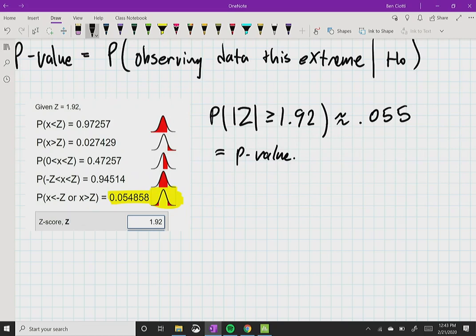And in each one of those groups, I counted up the number of October babies. In 5.5% of those groups, the proportion of October babies would be 1.92 standard deviations away from the mean.